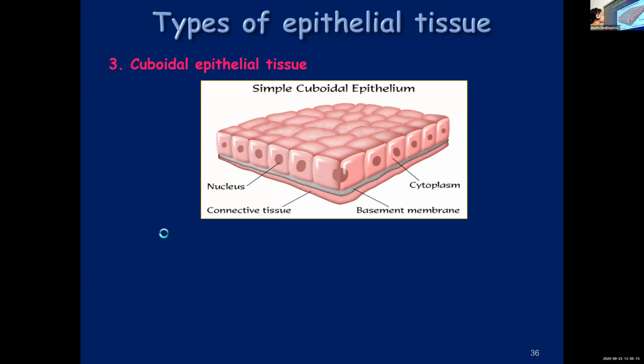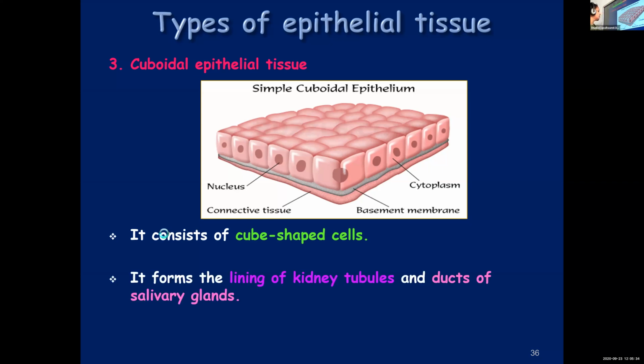As you see in the picture, these epithelial cells consist of cube-like cells. The peculiarity is their shape. They look like cubes, so the cells are cube-shaped, and you call such an epithelium cuboidal epithelial tissue.